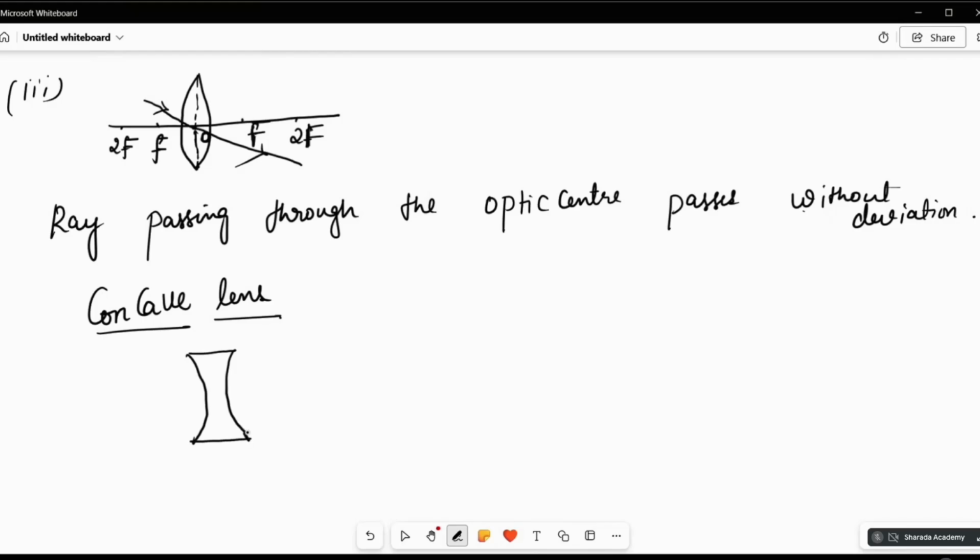It is a diverging lens. So this is the optic center, F, F, 2F.